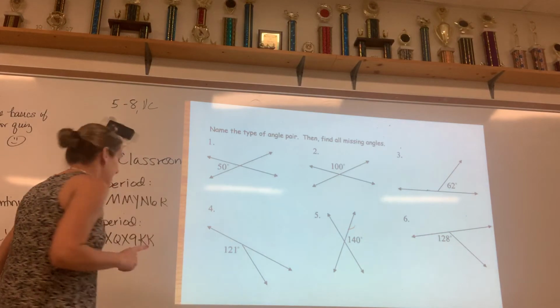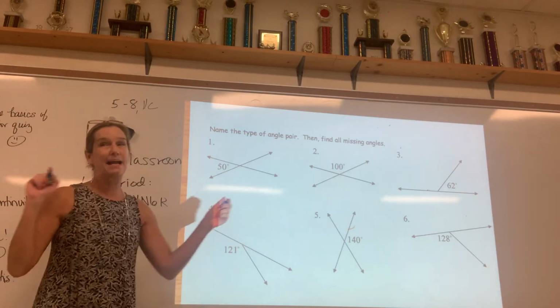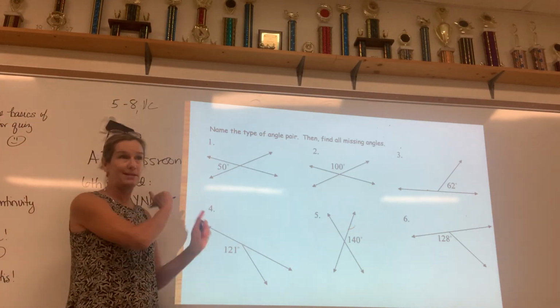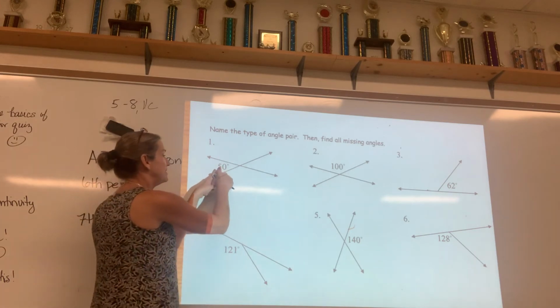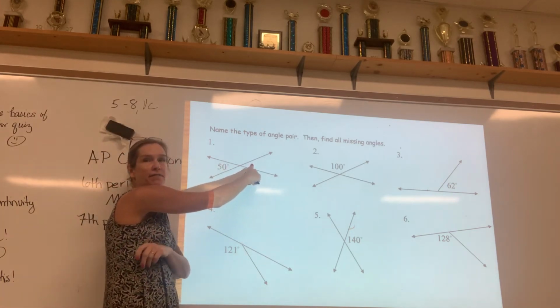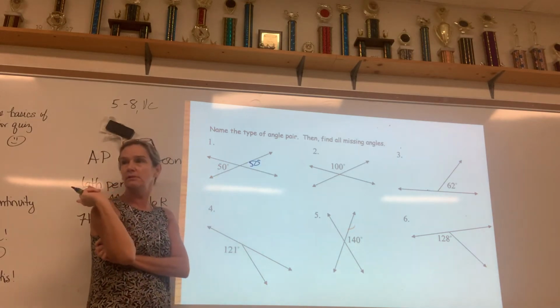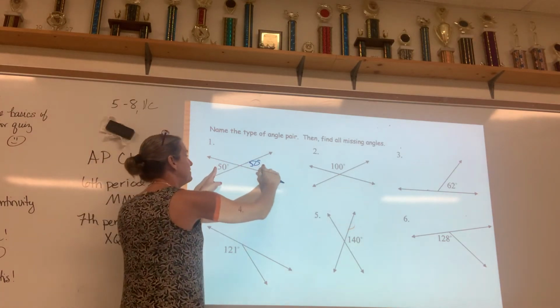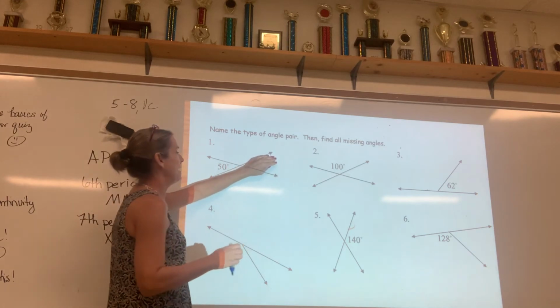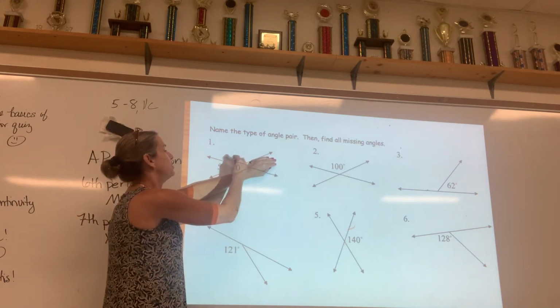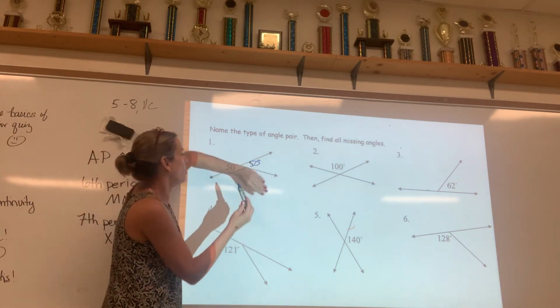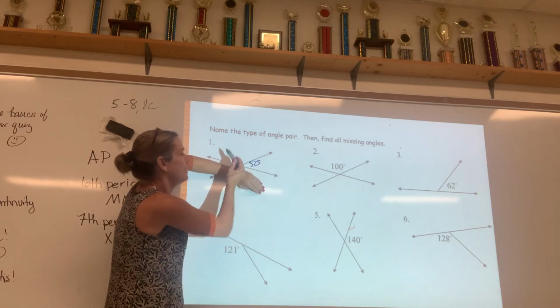All right, first, naming them. I got to point to them because it depends on which one I point to as to how you would name it. If I use this 50, then this one is, what's the measure of it, first of all? 50. What would you call those two angles, everyone? Vertical. If these two are 50, cover up half. These two form a straight line, or these two form a straight line.